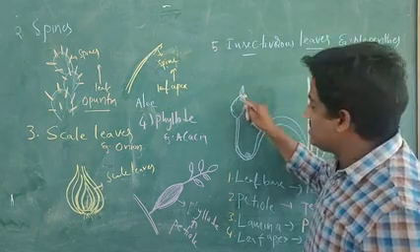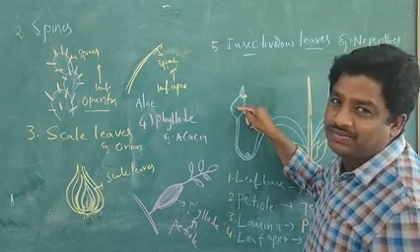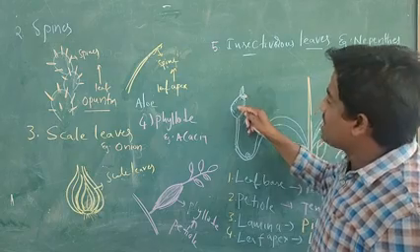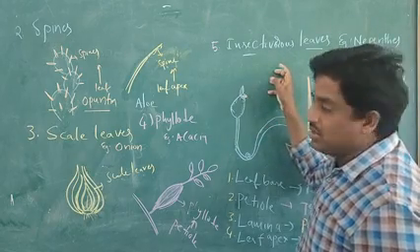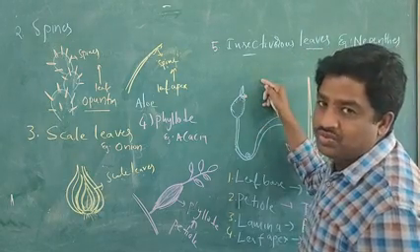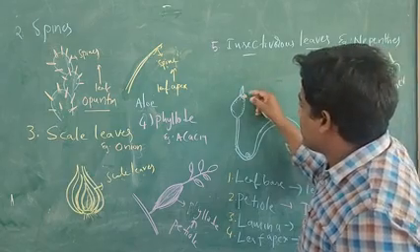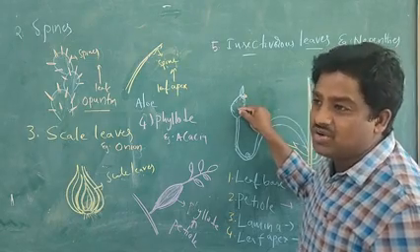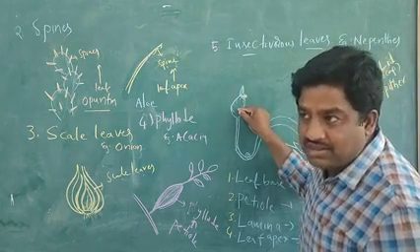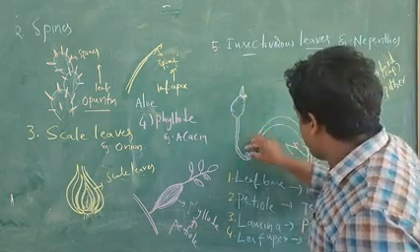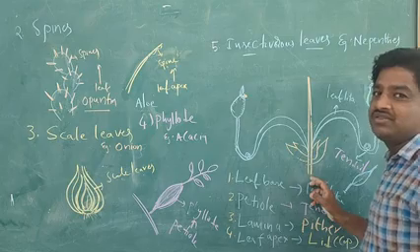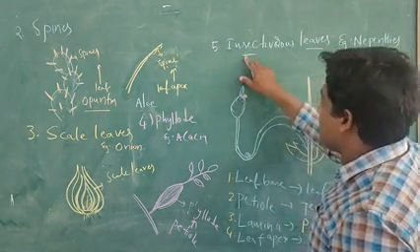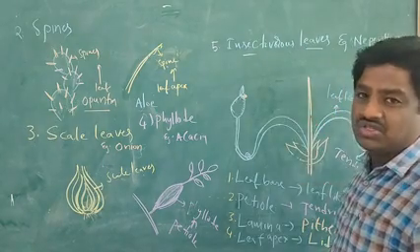Inside, the hairs stick this insect, so the insect cannot come out. Slowly the insect dies. The nitrogen content present in the insect is absorbed by the plant. Okay, that's why we call them insectivorous leaves.